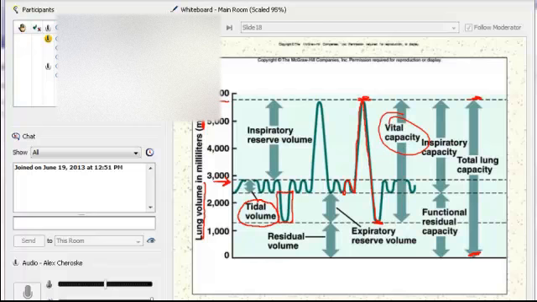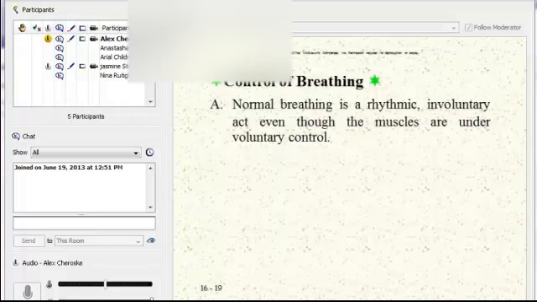But there's always going to be some of that old gas left in there. So what you have in that tank is a mix of fresh and a little bit of old gas. And what you're breathing in each time is mostly fresh air, but a little bit that's been stuck in the respiratory tree. So it mixes a bit, okay? But it's still efficient enough for us to do our exchanges of oxygen and carbon dioxide.